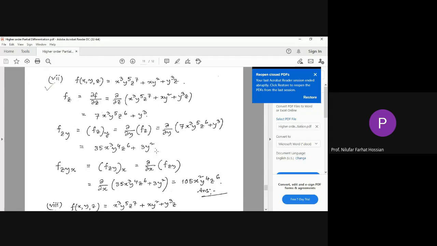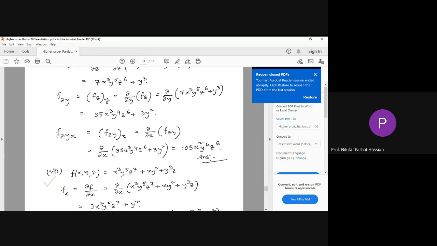Okay. And then with respect to x, yes, z and y is performed. So it will be performed that partial differentiation of fzy with respect to x. That means del x of fzy. So del x of this whole thing.